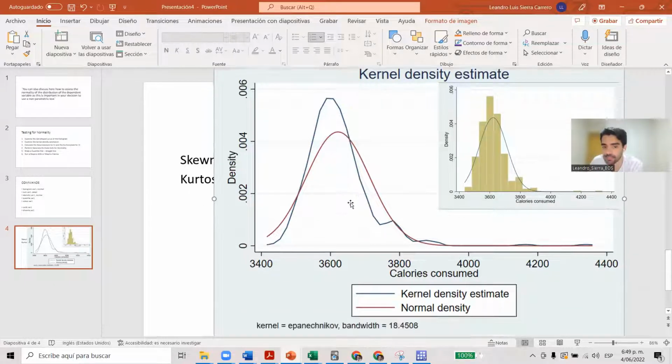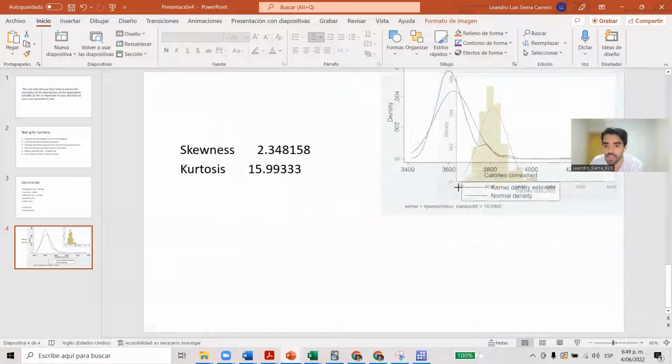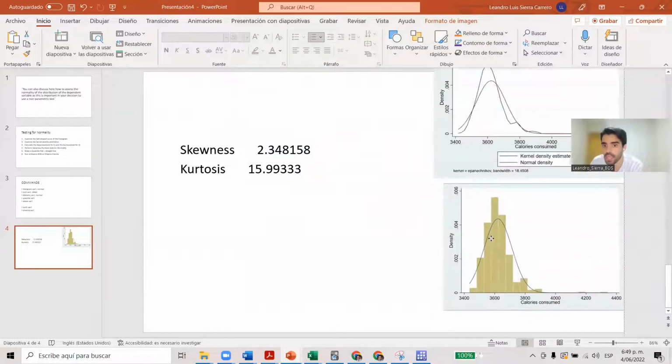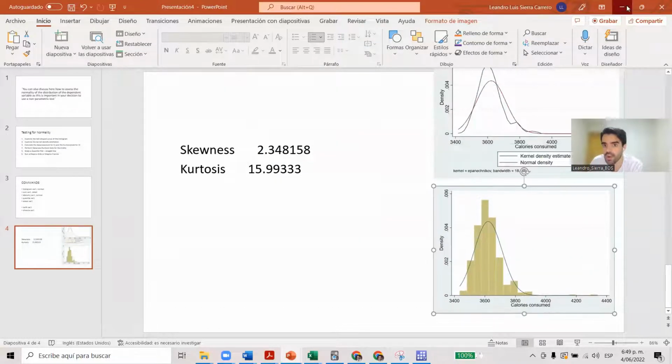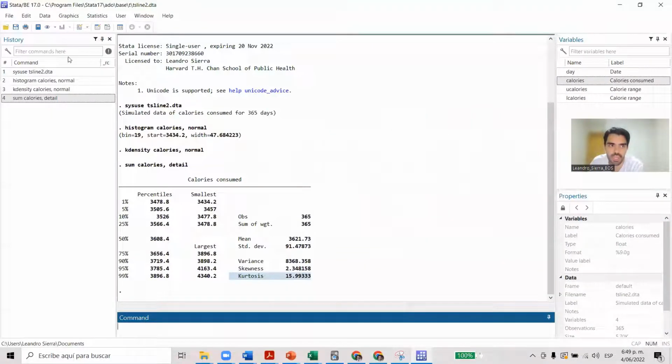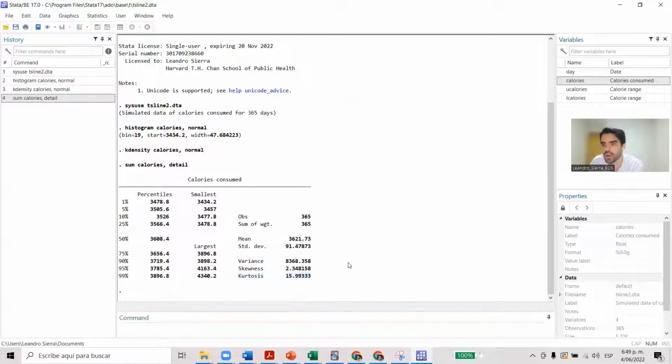So that would give us probably more than 3 in our kurtosis. And if we see here in STATA, our kurtosis is 15, 16 also. So our data set is pretty tailed in the middle, right?